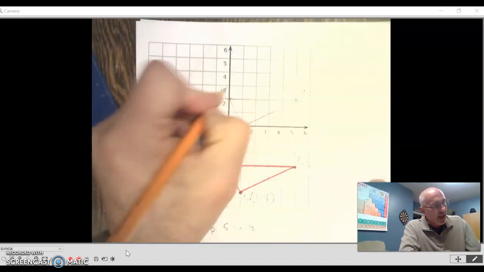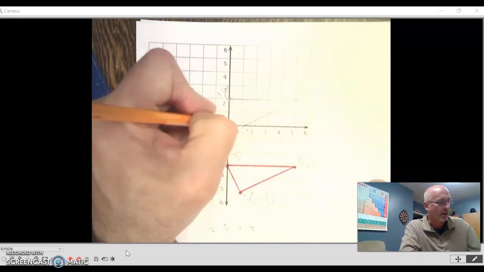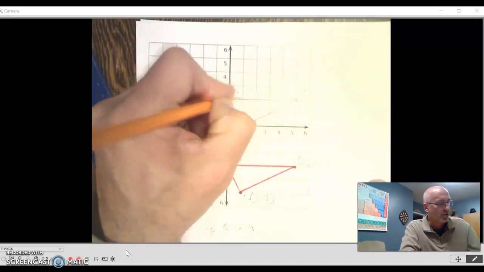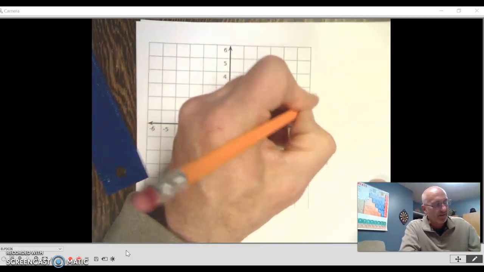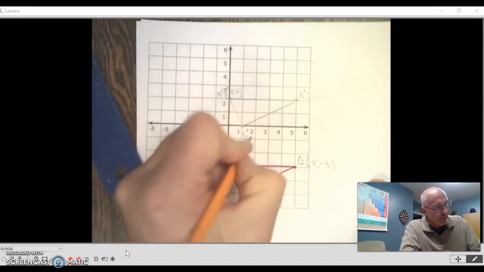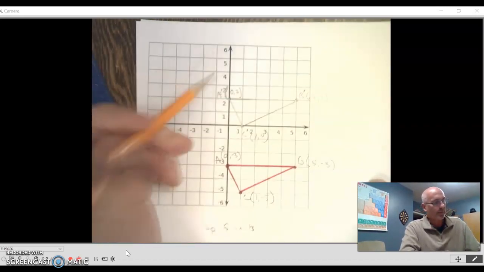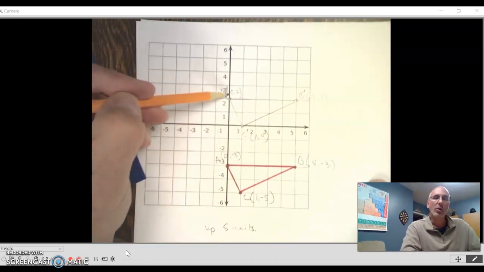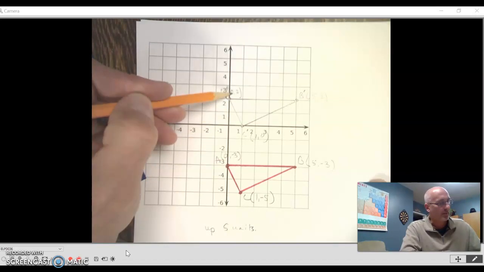Now let's just look at what our coordinates for these points are. A prime is at 0, 2. B prime is at 5, 2. And C prime is at 1, 0. Now let's look at how they relate to their previous points. 0, -3 became 0, 2.